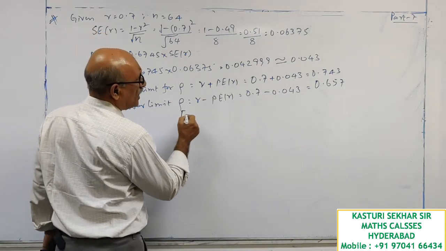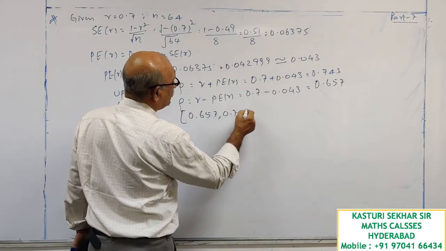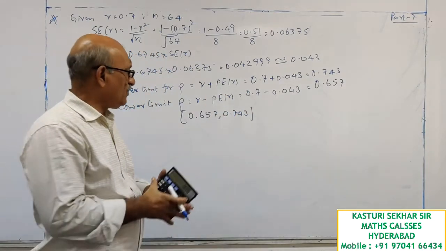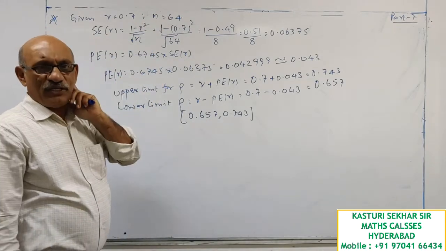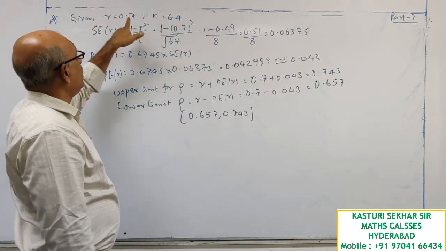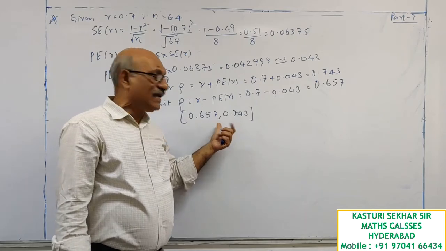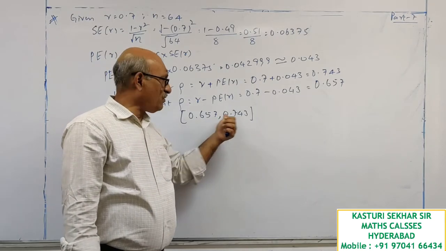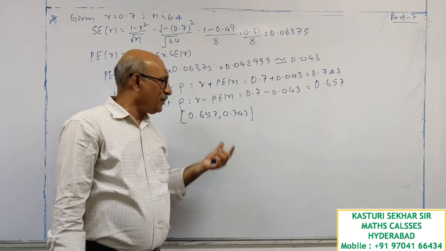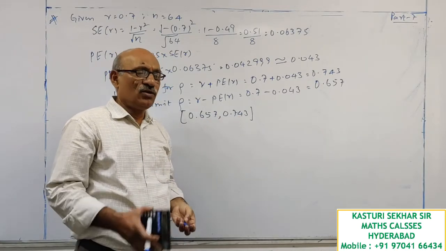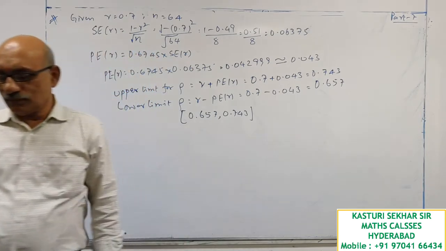So first you write the lower limit, 0.657, then the upper limit, 0.743. What is the interpretation of this? These samples are selected from a population and the correlation coefficient for the sample is 0.7. In the population it lies from 0.657 to 0.743, in between, inclusive of these two.